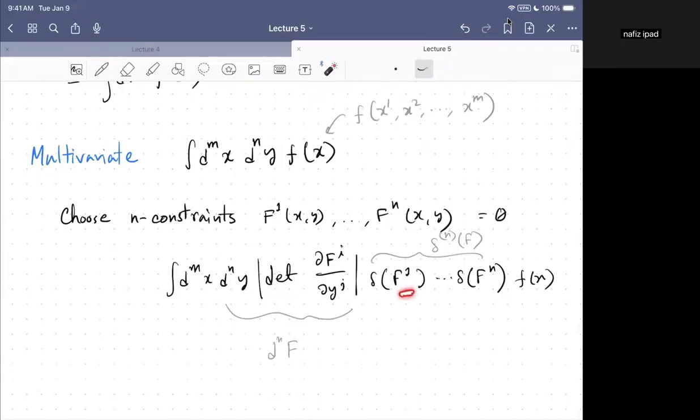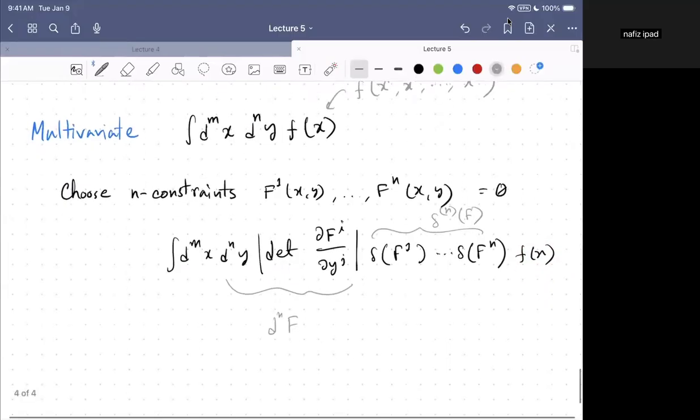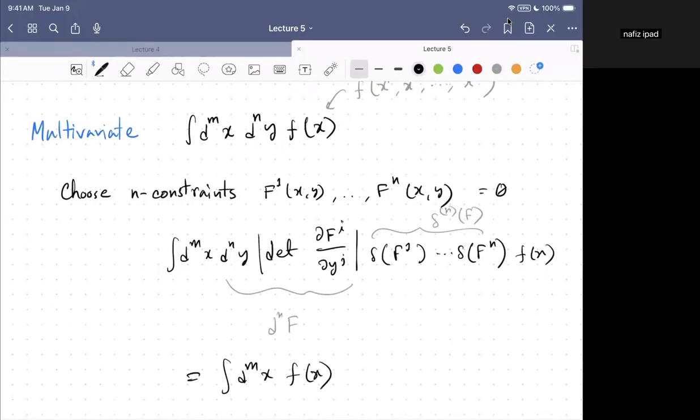And then these delta functions are simply telling you to pick the value 0 for each of these variables. These variables do not appear here, so you don't have to do anything. This is simply dmx fx. Okay, great.